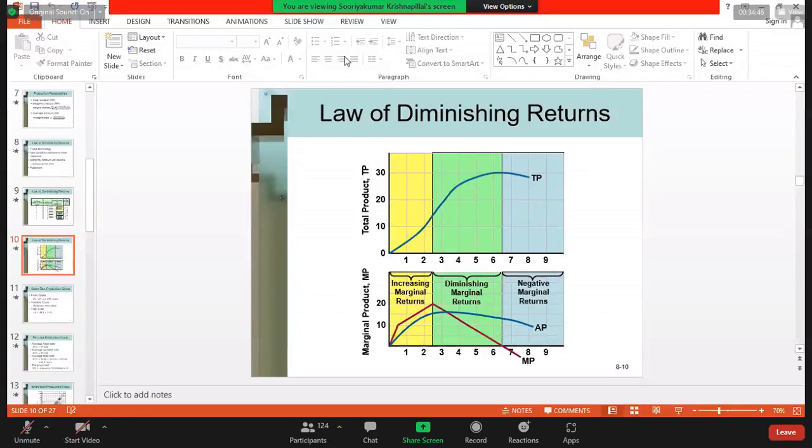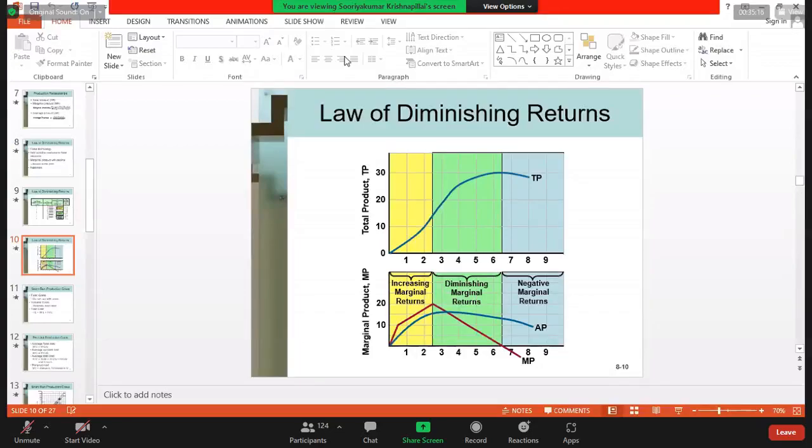Average product increases, then decreases. Then average variable cost and average total cost decrease, then increase. So again opposite mirror images. When production increases, cost should decrease. When production decreases, cost should increase.